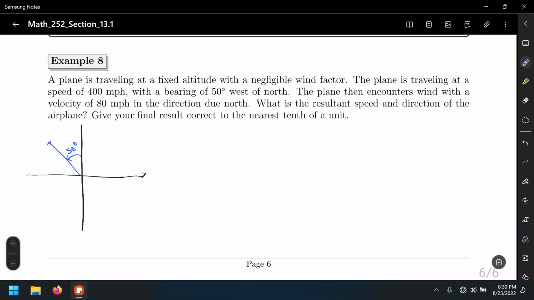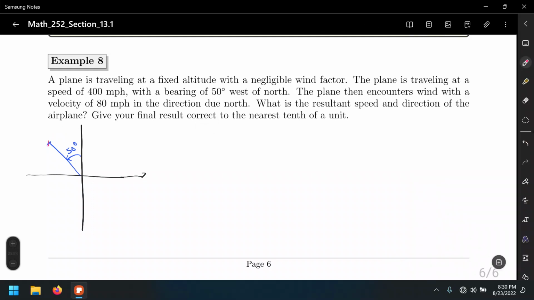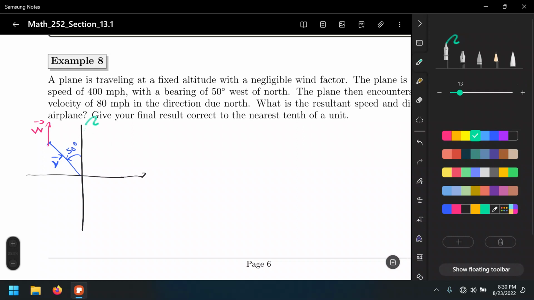To the west is to the left. And then there is a second vector. There's a wind going exactly vertically because it's towards the north. So let's draw that second vector. Let's label this vector W, and let's label the other one as V. North.